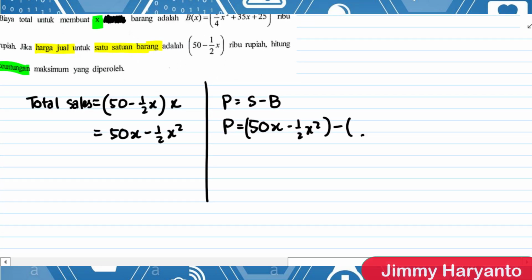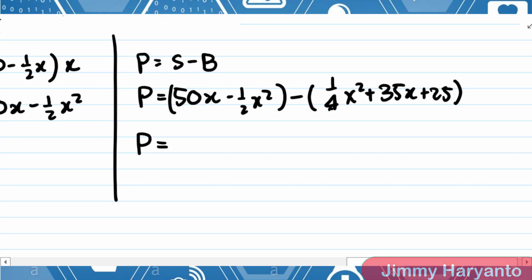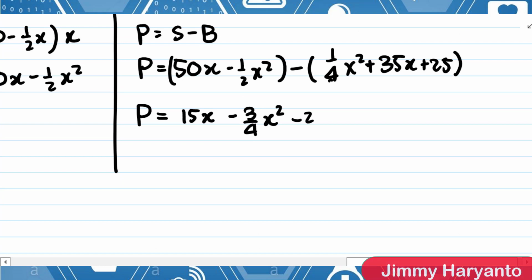The cost price will be 1 over 4 x squared plus 35x plus 25. Okay, let's subtract them. First is 50x minus 35x, it will be 15x, and then negative half minus 1 over 4, it will be 3 over 4 x squared, and then the last one is negative 25.